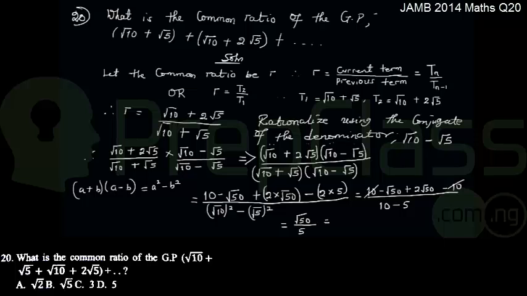Now root 50 is the same as the square root of 25 times 2, all over 5. The square root of 25 gives me 5. We can't find the square root of 2, so we leave it as root 2.